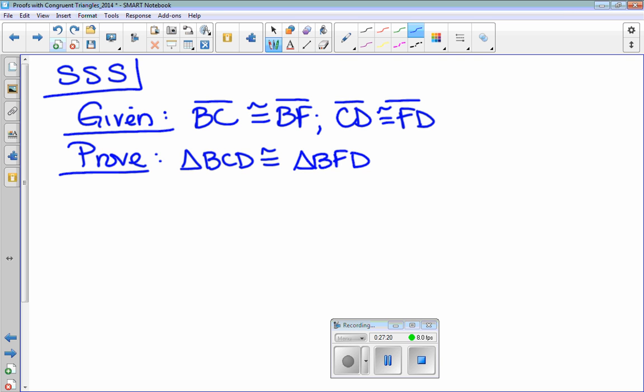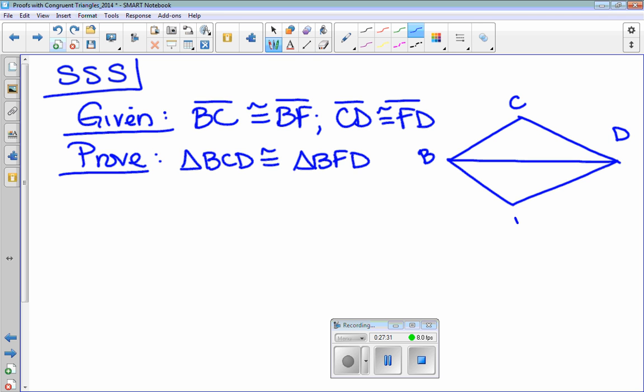And let me give you the picture. This is what would be given to you in any scenario where we were asked to prove something: a picture, and then a given and a prove statement.